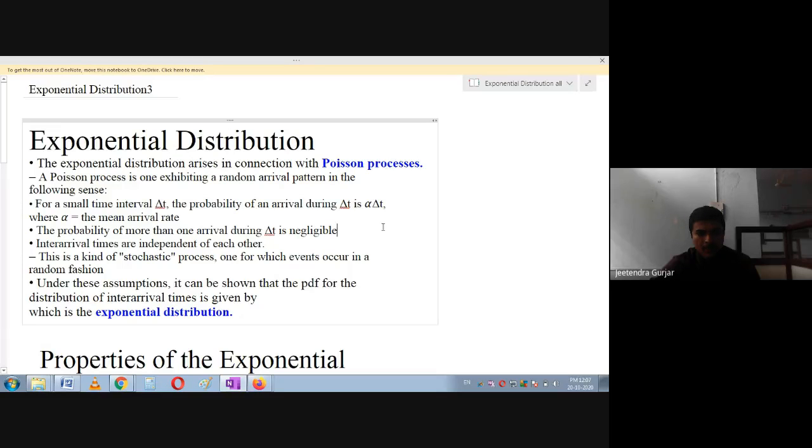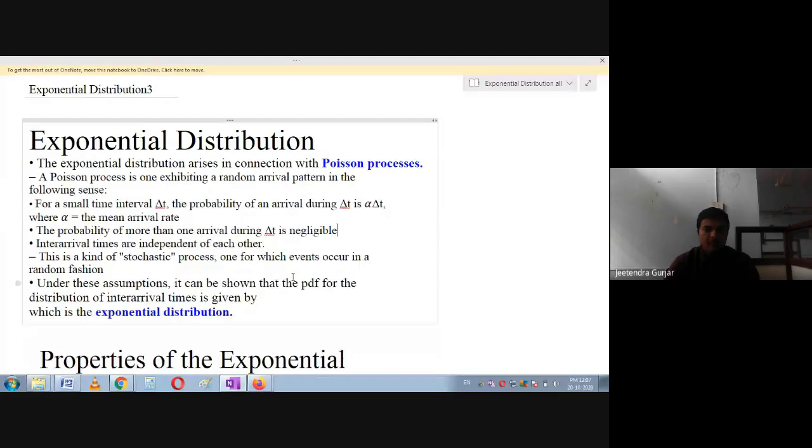After 12, the people who come in the queue are negligible, because the show is going to end at 3 p.m. only. So whatever the extra time, it is not included. Then it is this exponential distribution.